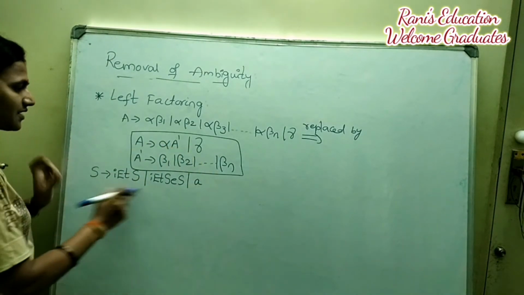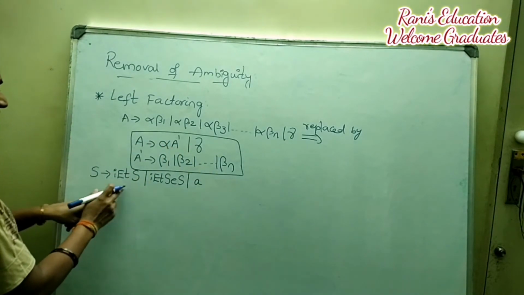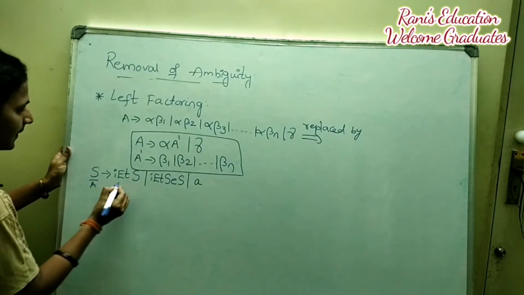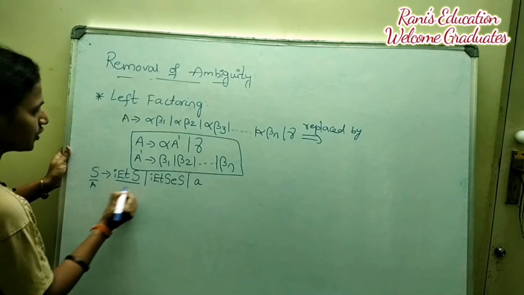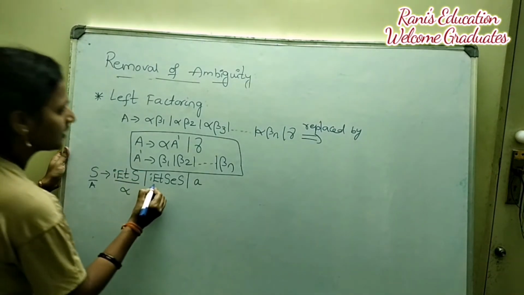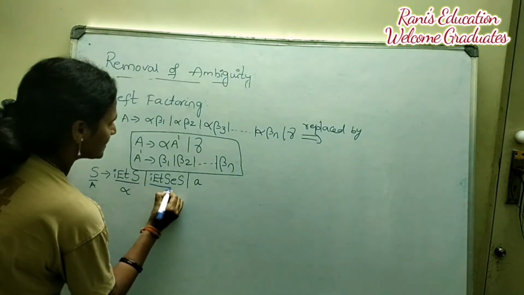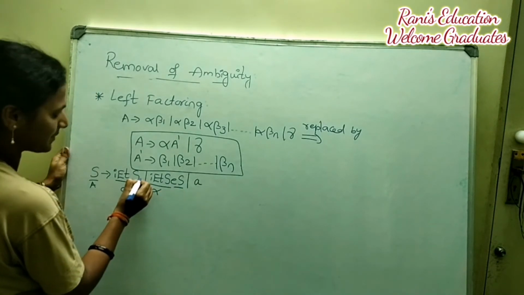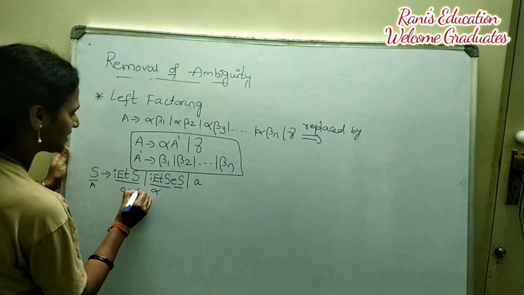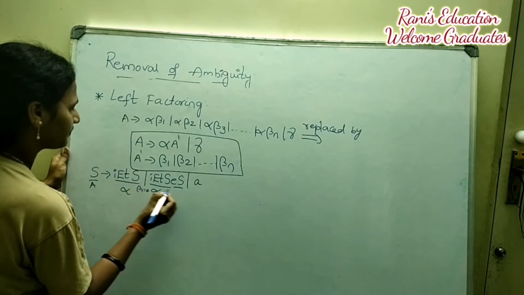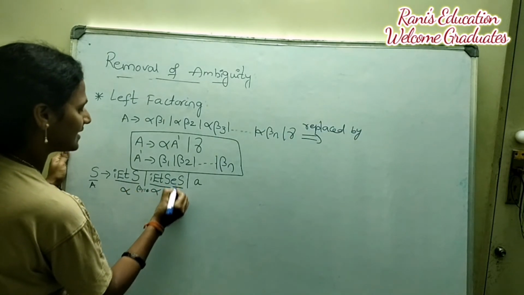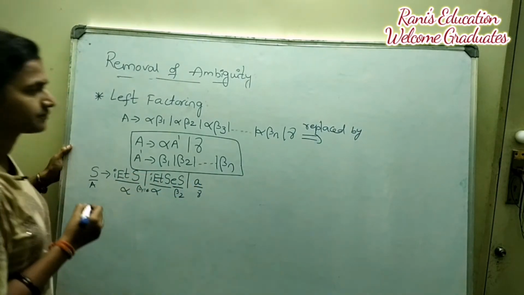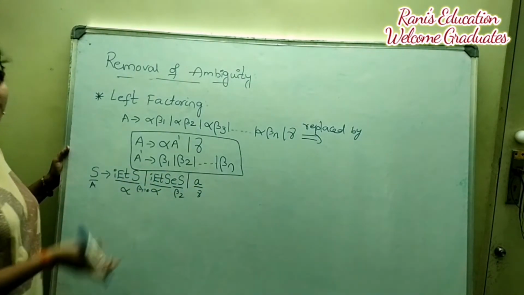Now you can observe this production is of the form where S is A and alpha is iEtS. Here also alpha is iEtS. Here beta 1 is epsilon, and here beta 2 is eS. This is gamma. Gamma is always a terminal.